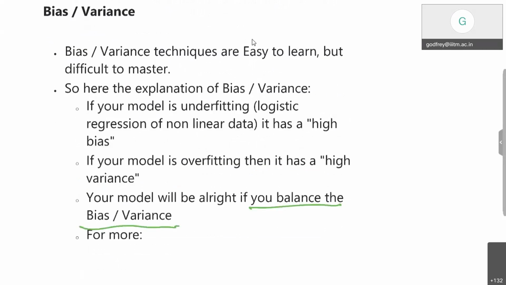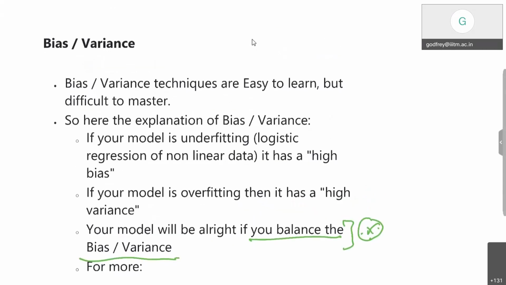traditionally, this was the thought. Traditionally, it was thought that you need to balance the bias and the variance because you cannot have the best of both.